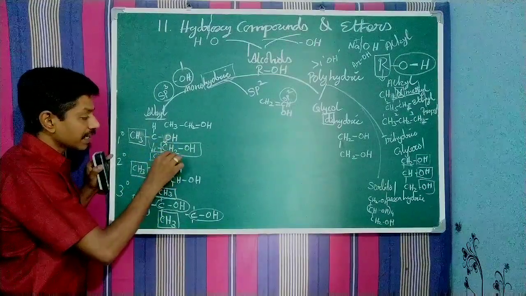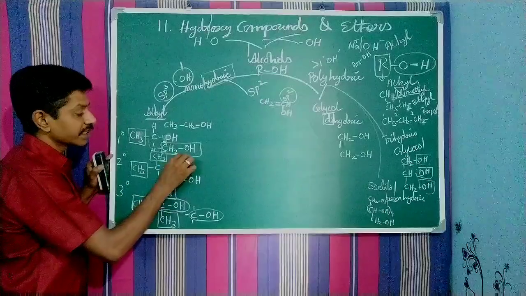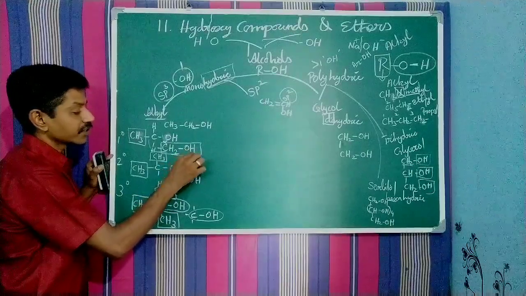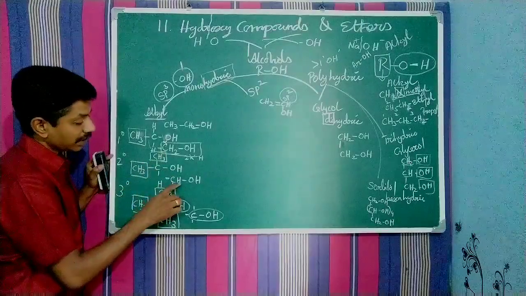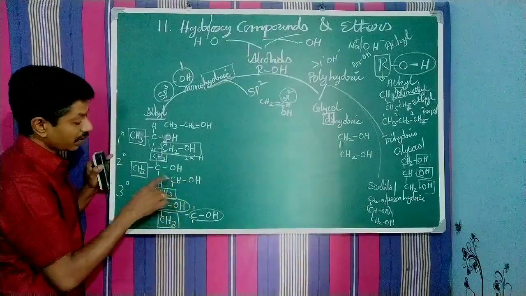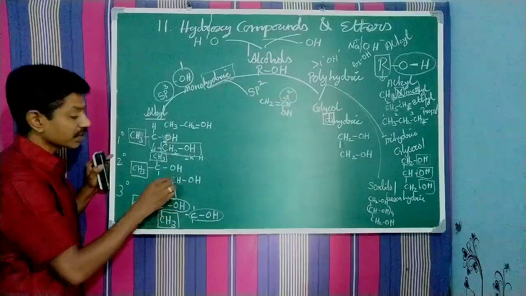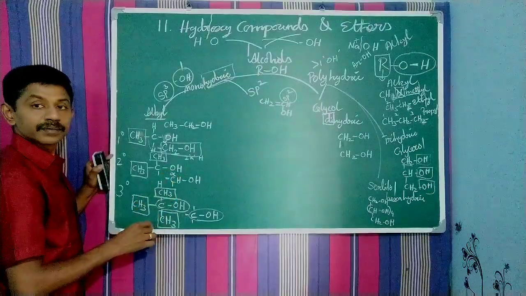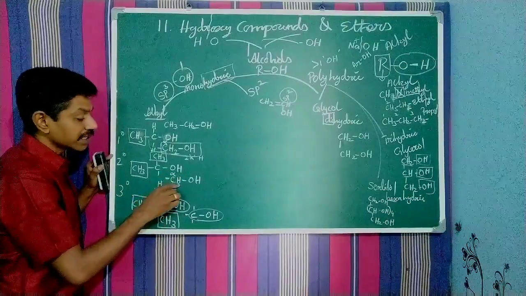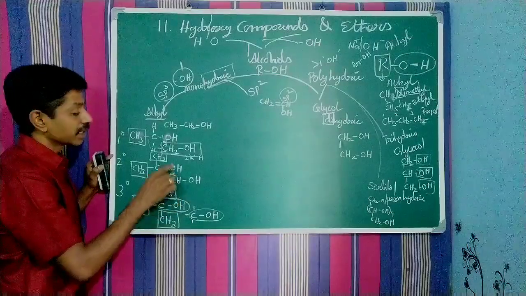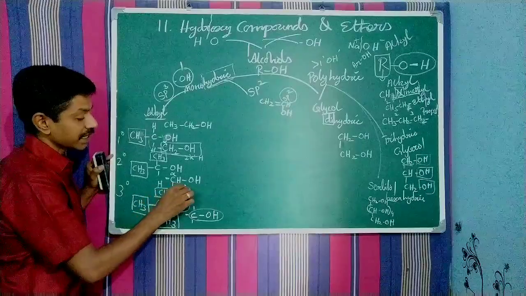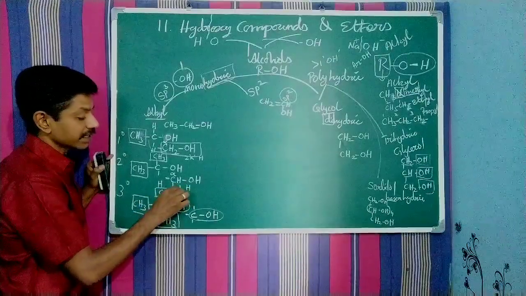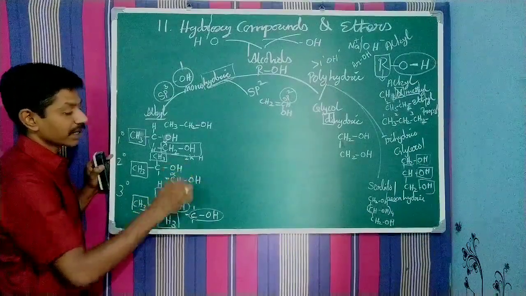That alpha carbon has 2 hydrogens, so we say 2 alpha hydrogens are available. And the OH attached carbon in the secondary, as I told you, is the alpha carbon. Now you closely see that carbon: here it is attached to 2 hydrogens, but in this case it is attached to only 1 hydrogen, so only 1 alpha hydrogen.